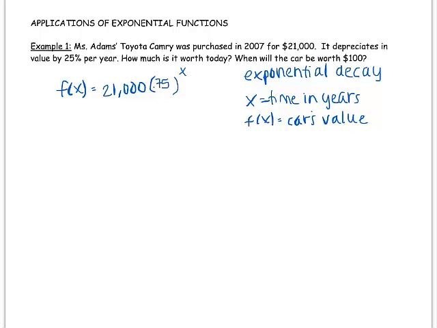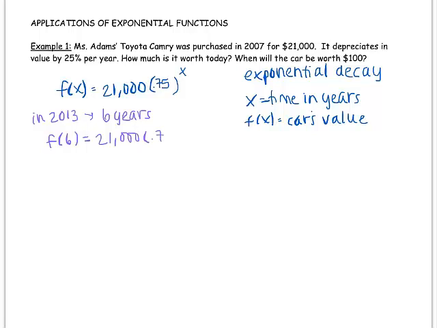So the first question says, how much is it worth today? Well, what year is it? It is the year 2013, which means that in 2013, it has been 6 years since the car was purchased. So we're going to do f of 6.